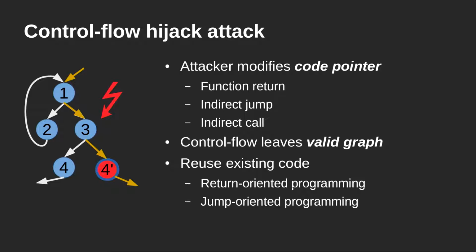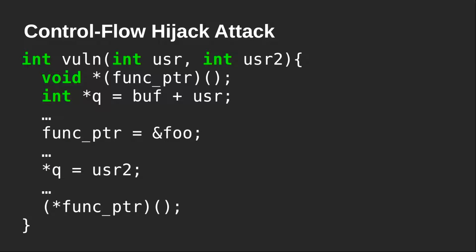But let's switch the view a little bit and look at a particular code example. So we do have a small vulnerable function of a couple of lines of C code, and let's just assume that the attacker controls the two parameters given to this function, user and user2. We also have a function pointer that is being defined somewhere in this program, but the attacker can use these parameters that are passed to the function to actually override part of the function pointers we will see later.